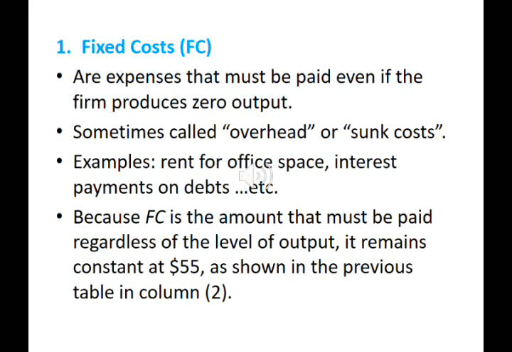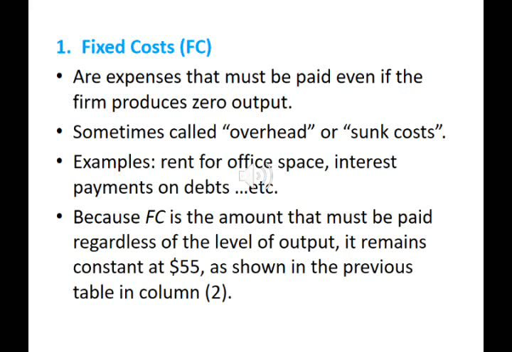You have to pay the interest rate to the bank. You have to pay the monthly rent to the building owner. So it remains constant. This fixed cost remains constant no matter what the level of Q is.